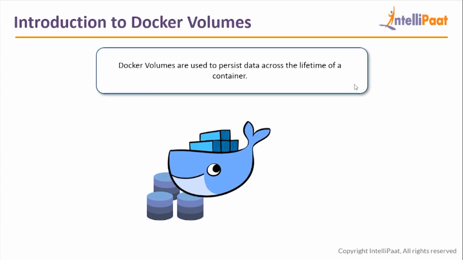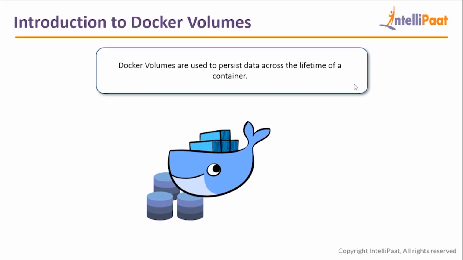So what Docker volumes do is they basically host the storage outside of the container and map it to inside the container. That is, the storage is there on the host system rather than on the container, rather than the files being written on the container itself.